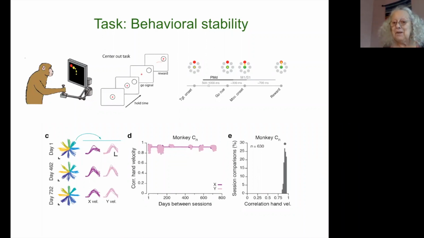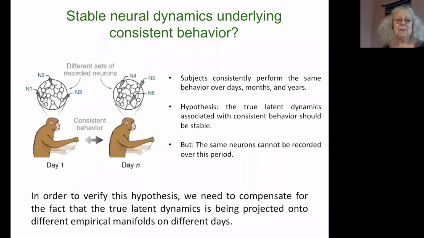So when you keep on practicing and you repeat a movement many, many times, you acquire a stereotyped manner of doing it, and it's very reproducible in terms of the dynamics and the kinematics of the limb in space. So this is the behavioral data, and it shows a large degree of stability in this very well-learned task.